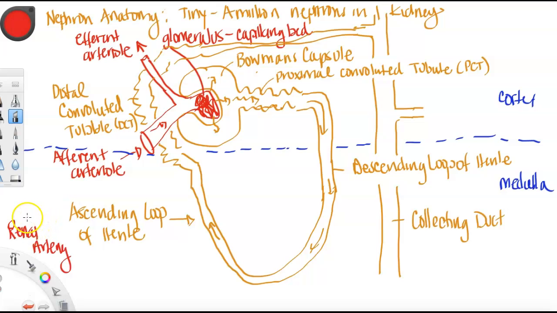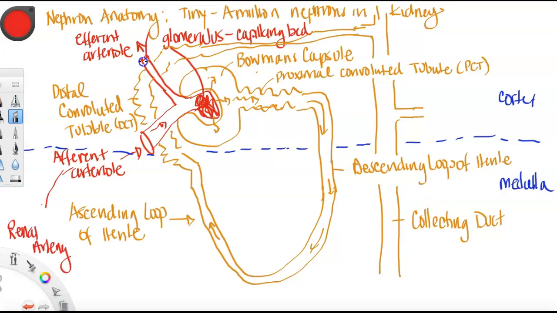It separates into segmental arteries, and then those go into interlobar arteries, which go through the columns of the kidney, and then those go into arcuate arteries and veins, and then into radiate arteries and veins, and the radiate arteries have the afferent arterioles attached to them. Those are what enter the glomerulus. The efferent arteriole exits the glomerulus, where the filtered blood leaves after it's been filtered.